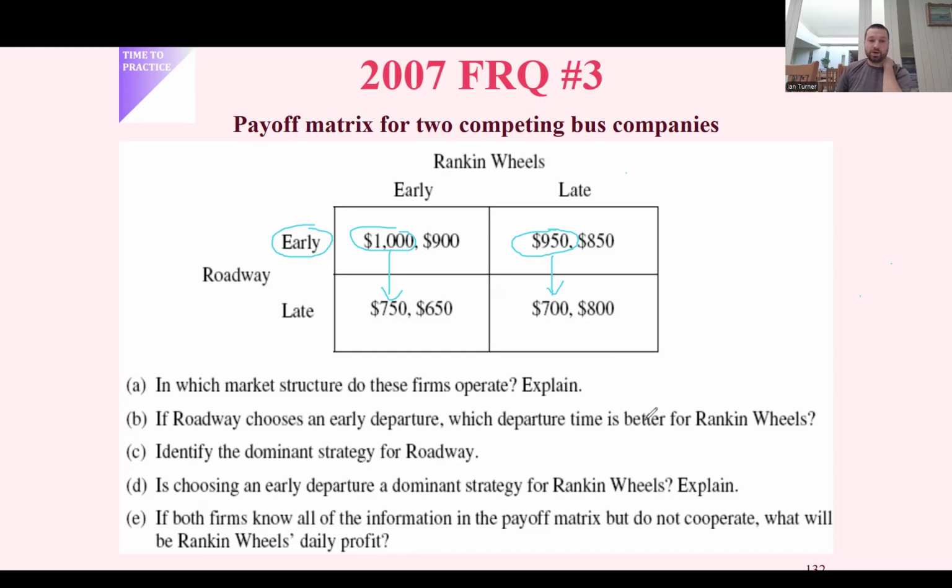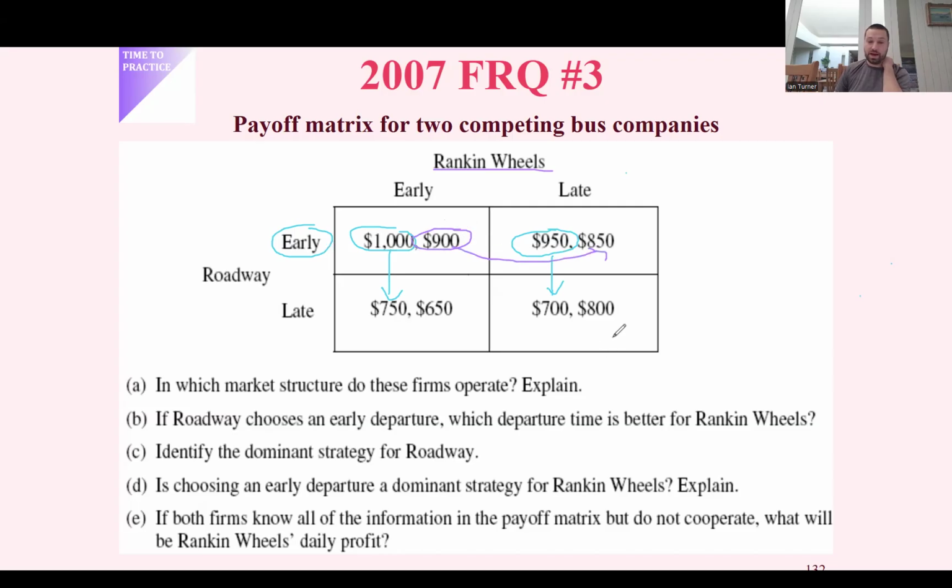What about for Ranking Wheels? What is their dominant strategy? Well, let's change colors. Ooh, a nice purple. Ranking Wheels, we'll put in purple. So looking at theirs from early to late, in the first one, we said they wanted to go early if Roadway went early, because that's better than 850.